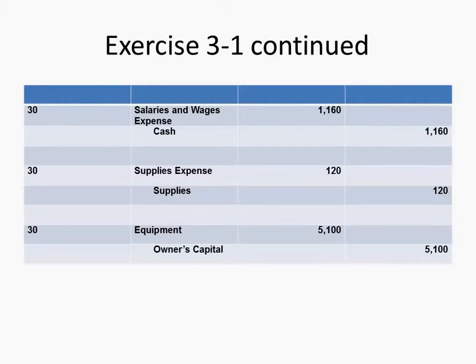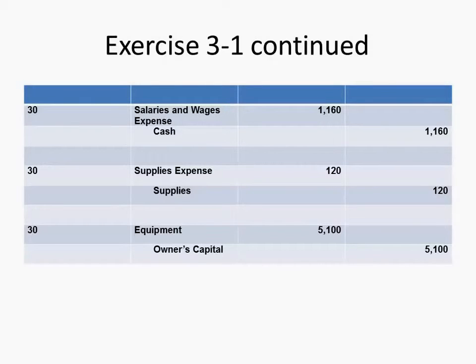So what this is saying, yeah, the owner is investing. So let's think of this in the simplest of ways. Let's not think of how it happened. Let's say this business realized that they needed a computer for $5,100, and they didn't have that.